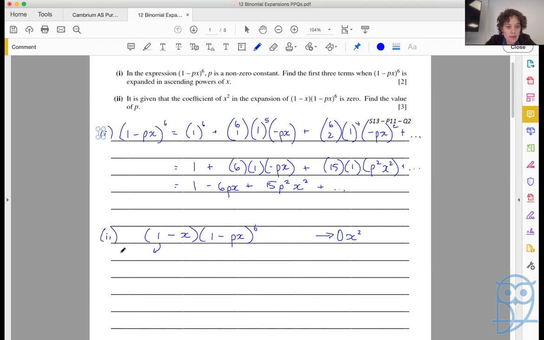So it needs the x squared term. And the same thing with our minus x. If we had that full expansion sitting there and we multiplied every term by minus x, the only way we can make an x squared term is by multiplying our x by the x term.